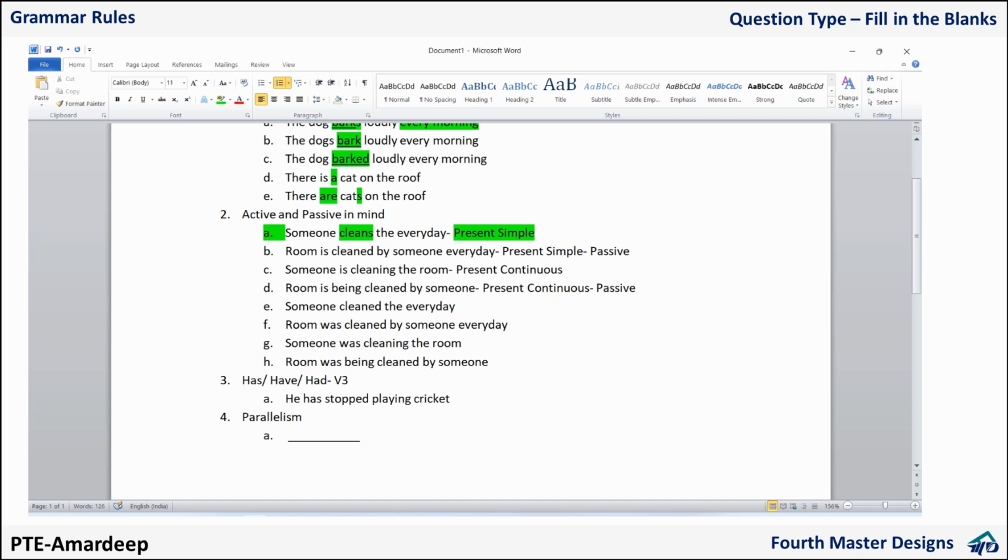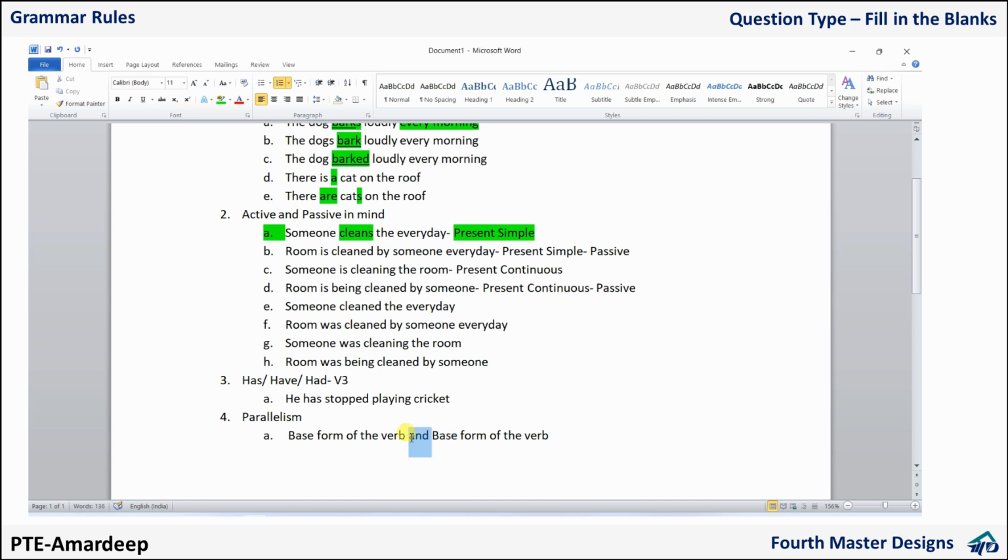If there is the base form of the verb before and, then it has to be the base form of the verb after and.